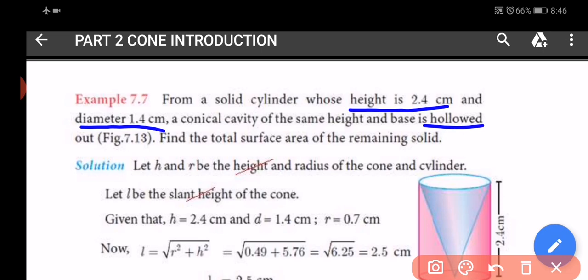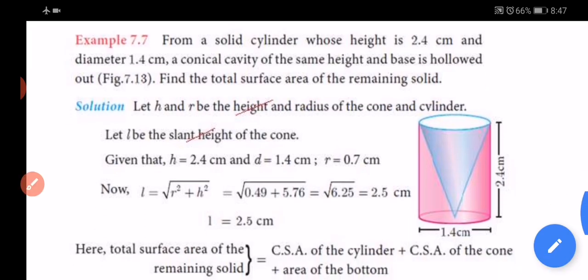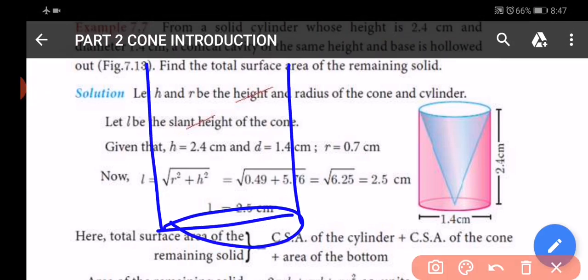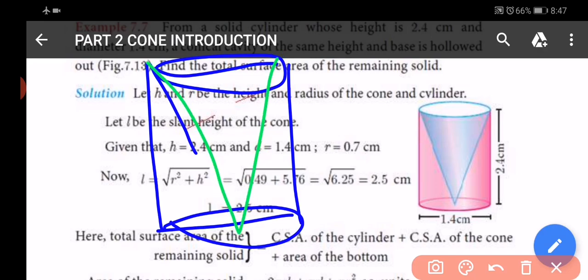Hollowed out means they cut the cone and take it out. Then what is asked? Total surface area of the remaining solid. That means in the cylinder, they cut a conical shape and it is curved out from the cylinder.